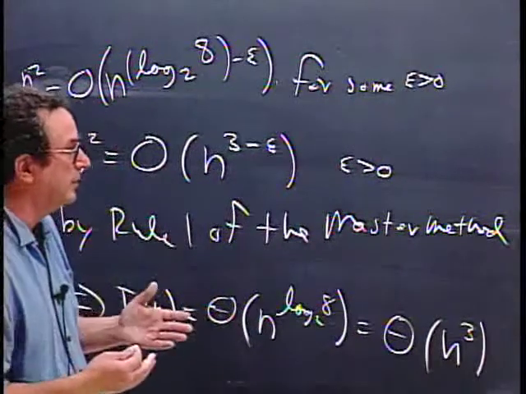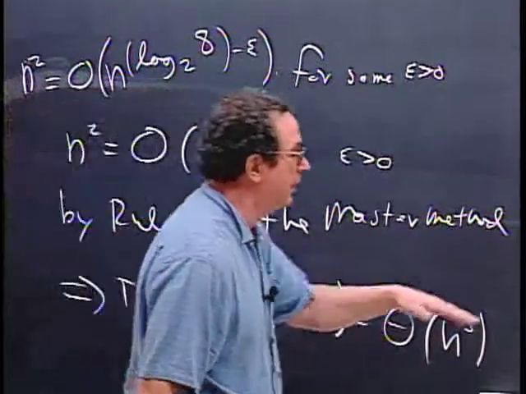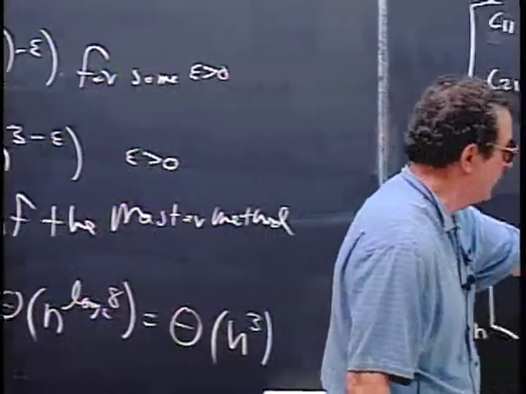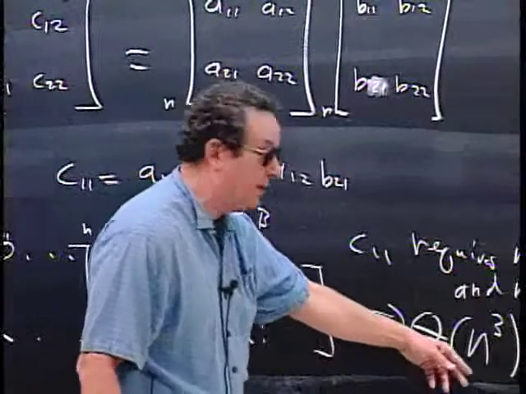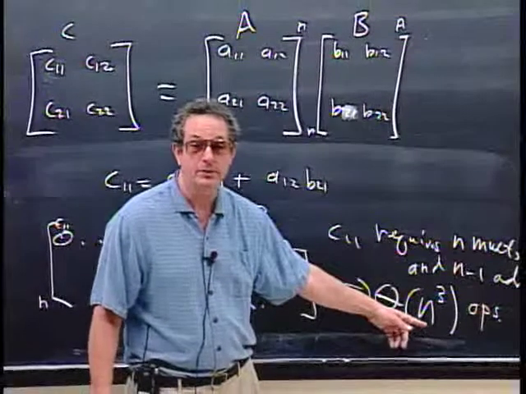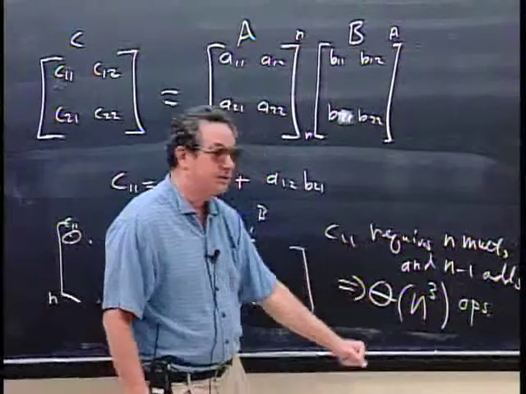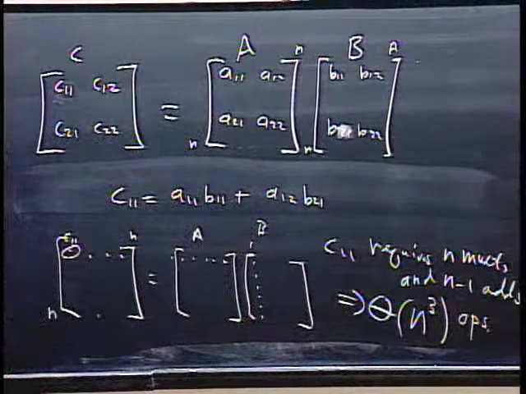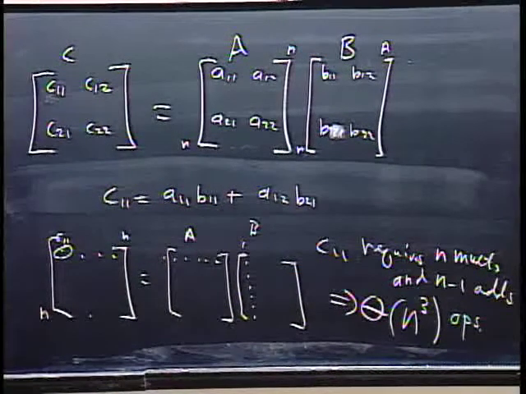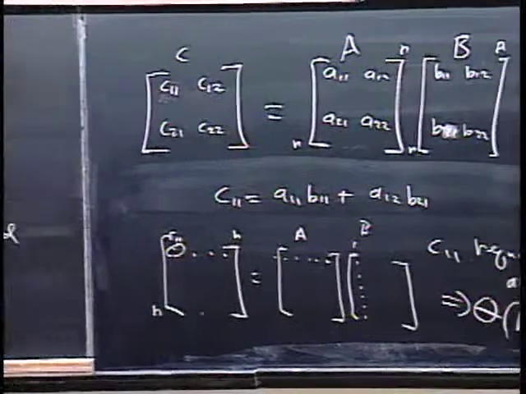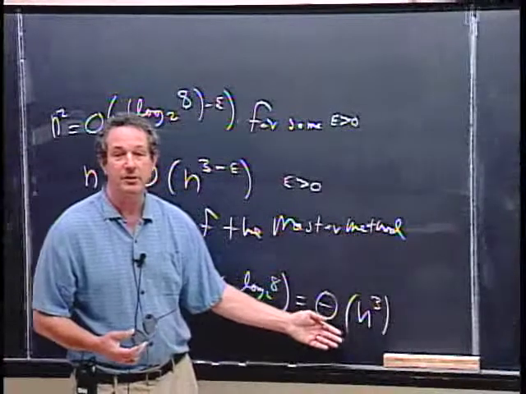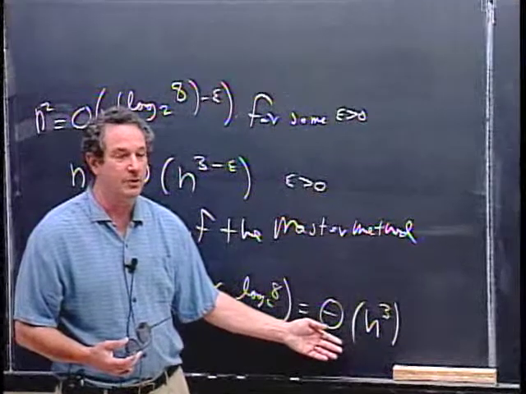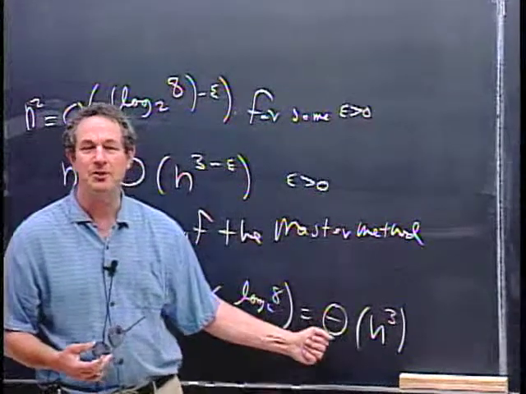Good. So we started out with the definition of matrix multiplication, which used theta of n cubed operations. We now have a fancier algorithm, divide and conquer, which uses recursion and ends up with a time bound of n cubed. So, no progress there.